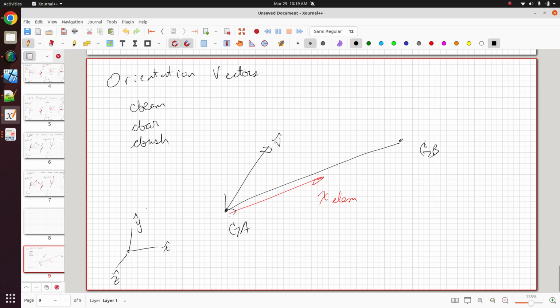So here's GA, and then here's our observer. So it's in this observer's coordinate system where you define the vector. So here, let's assume this is our coordinate system, and then maybe our orientation might be something like this. So we go along the z, and then we go along the y.